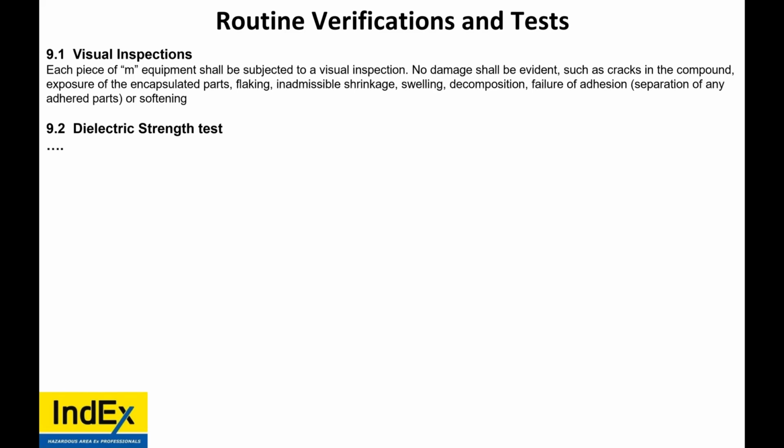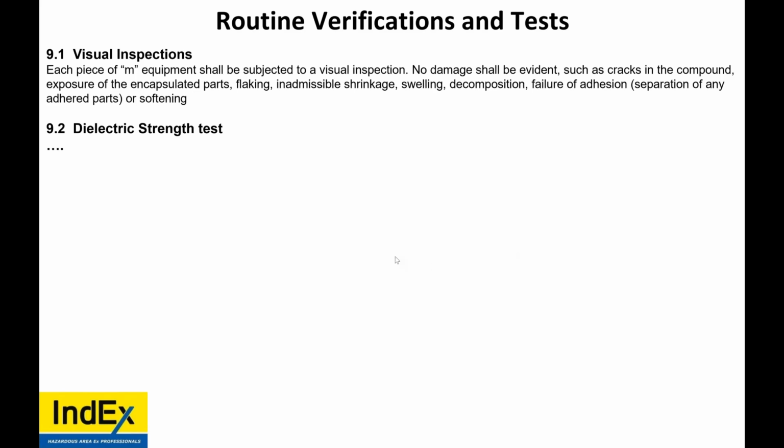When you do a detailed inspection on EX m, primarily you're doing a visual inspection, but you can't do that visual inspection unless you open it. That compound inside that junction box, it's a visual inspection that you're doing, but you have to do a detailed inspection, meaning use of tools to open something. Dielectric strength test, I think everybody understands that very easily.